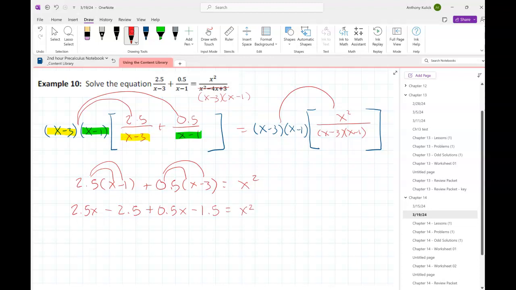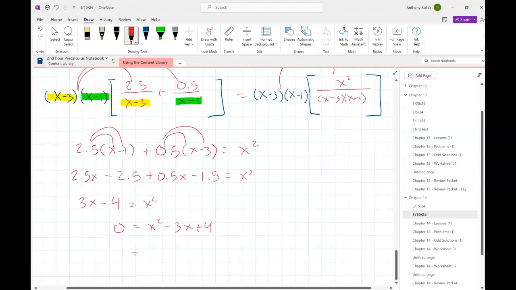If I combine my like terms over here, I get 3x minus 4. Now what? Get it all onto one side, right? I'm going to move it onto this side so the leading coefficient on my x squared is still positive 1, because that makes the factoring easy.